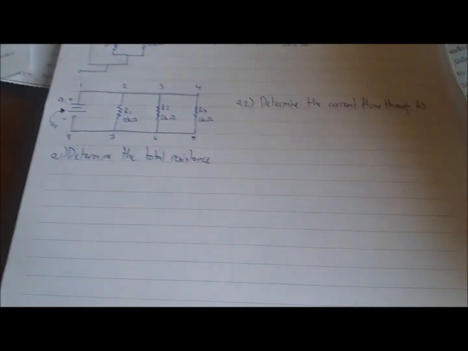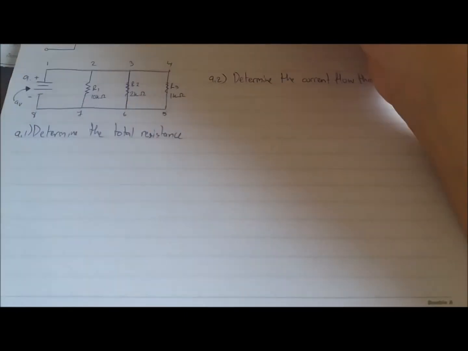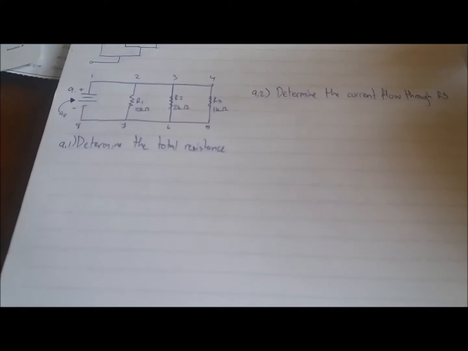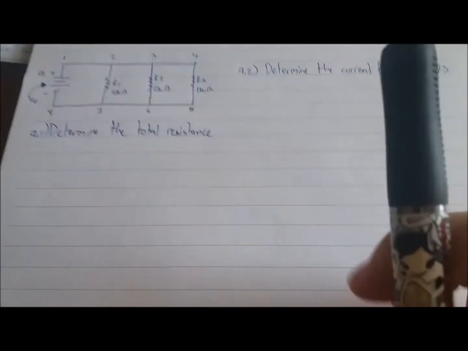For the last question, this is called series, where you have the series of rows here. It's not like question 8. It's actually a mixed connection because you mix a connection within a connection. So for the first question, it asks to determine the total resistance.